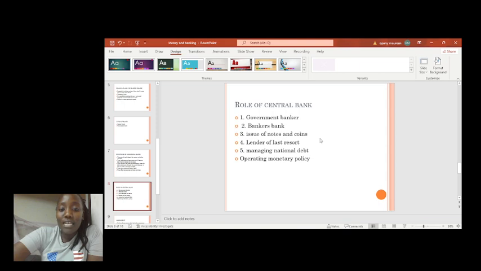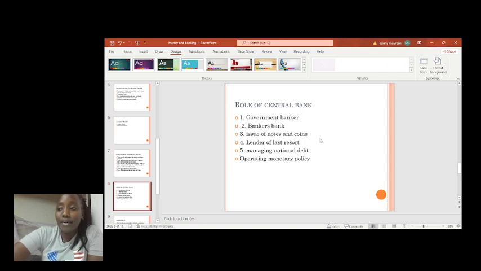And then we have managing national debt. It is the responsibility for the sale of government securities or treasury bills, the payment of interest on them, and their redemption when they mature. So that is the sole responsibility of the central bank.